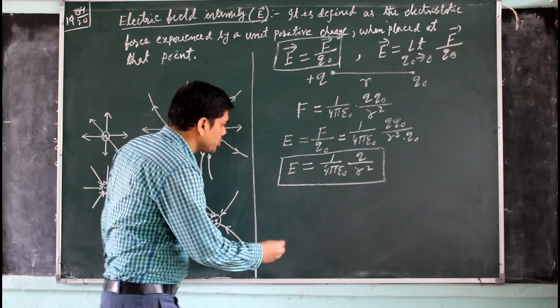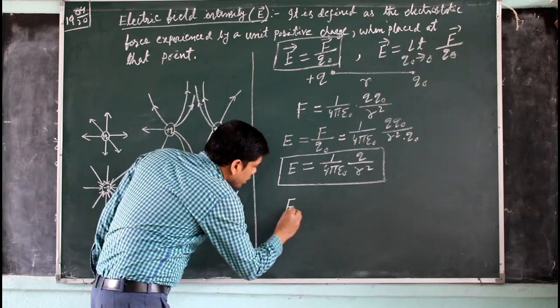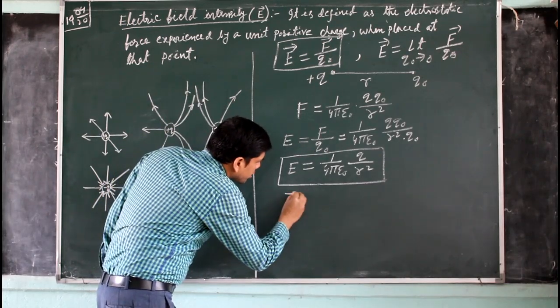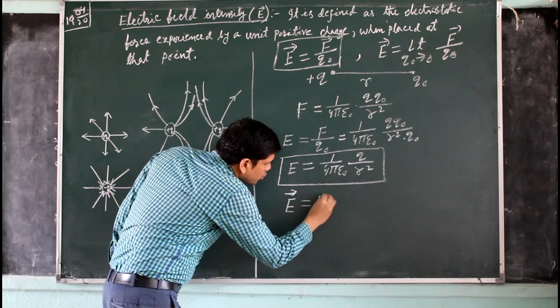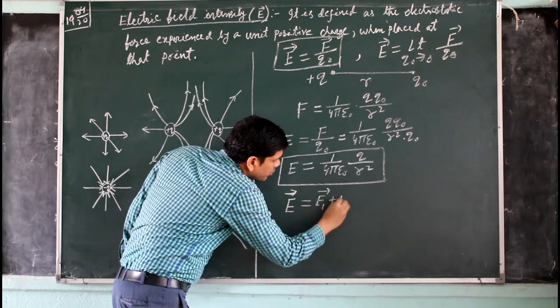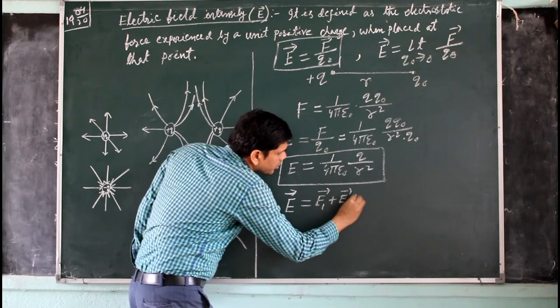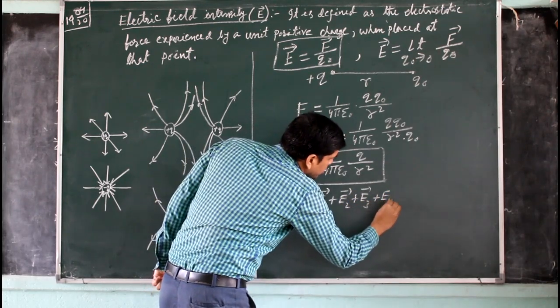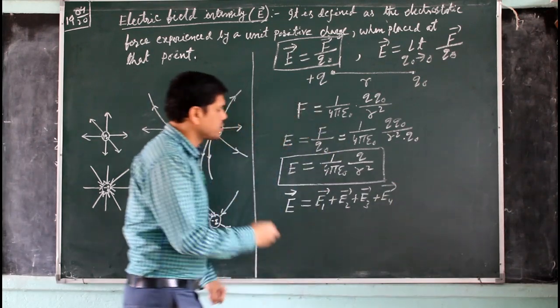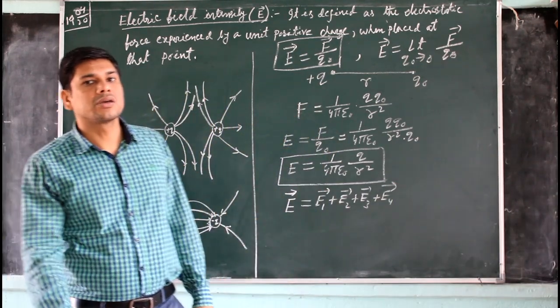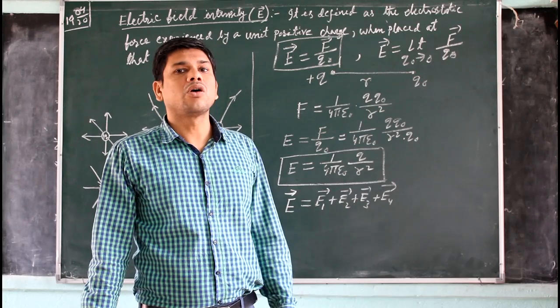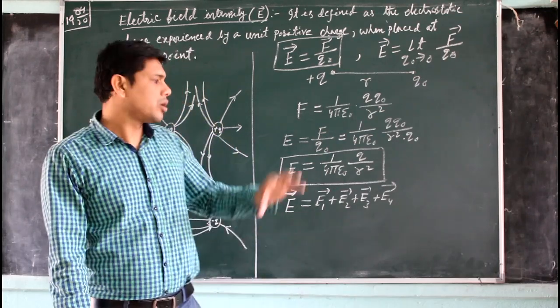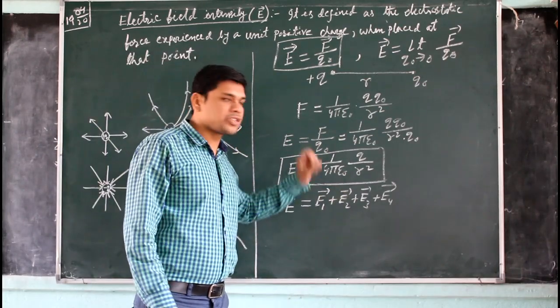According to the superposition principle, we can write vector E equal to E1 plus E2 plus E3 plus E4 and so on. We already discussed the superposition principle of electrostatic force; in the same way you can derive this formula also.